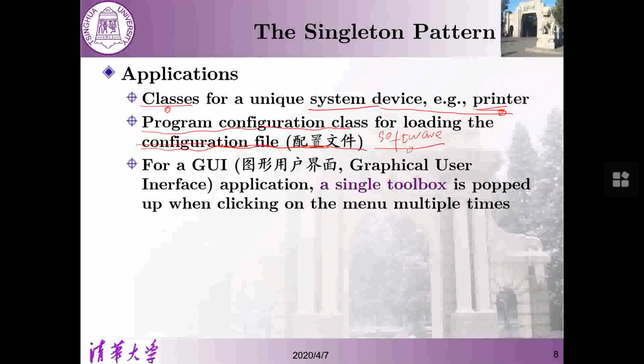When we start the software, this configuration file is loaded automatically. The program configuration class will load this configuration file. Because there is only one configuration file, we only need one instance of this class. So this is another case.